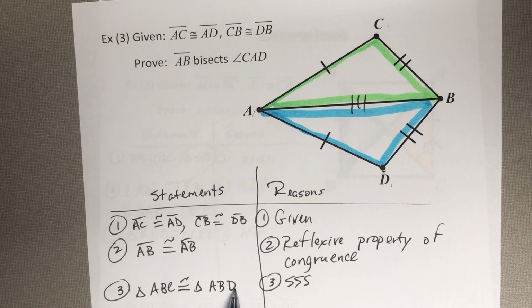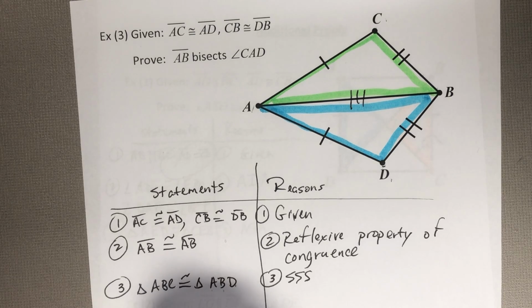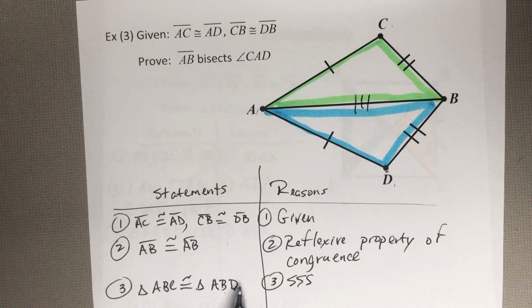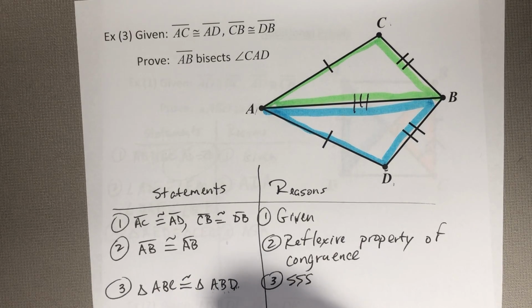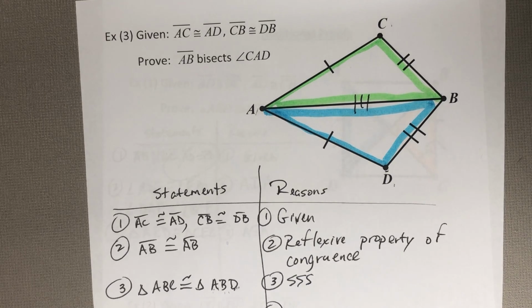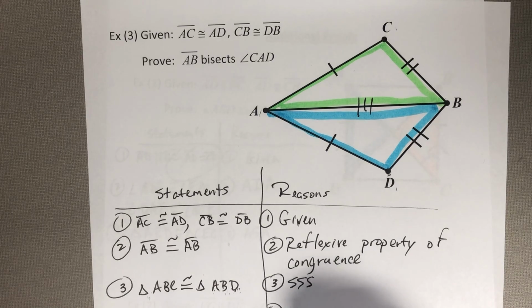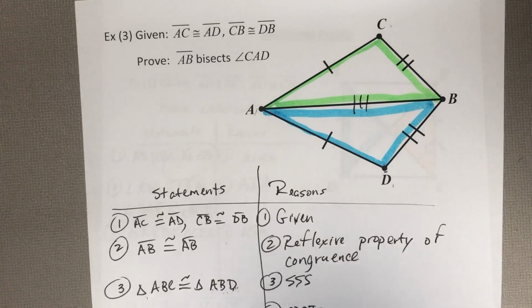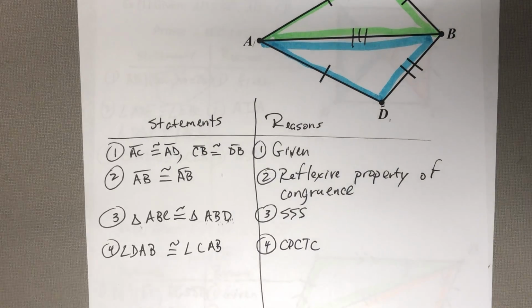Okay. And now that I know that, my next step would be to say angle, if I start at the bottom, DAB is congruent to CAB. All right, and the reason we can say that is that those are corresponding parts of these two congruent triangles, CPCTC or definition of congruent triangles, whichever one makes you feel better about it.